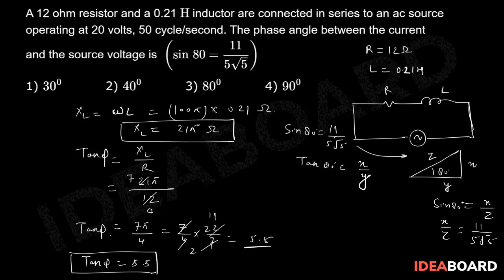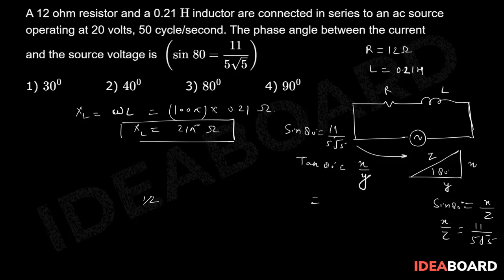Now we need to find out the value of x upon y. So the value of y is going to be, as we know, y is equal to under root of z square minus x square only. Perfect. So tan 80 will be equal to x divided by under root of z square minus x square.